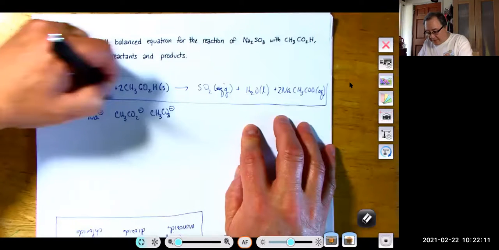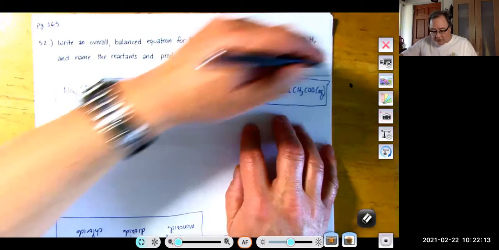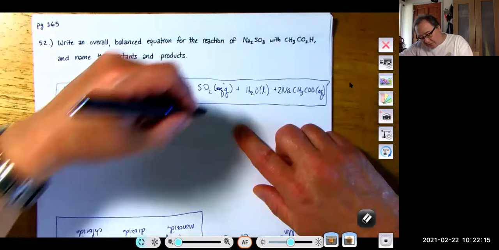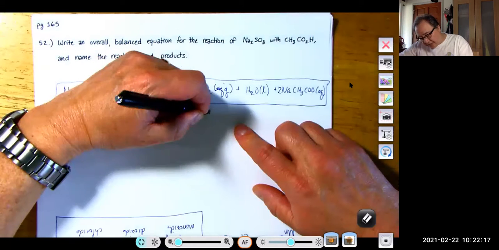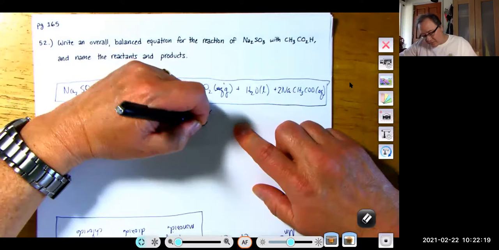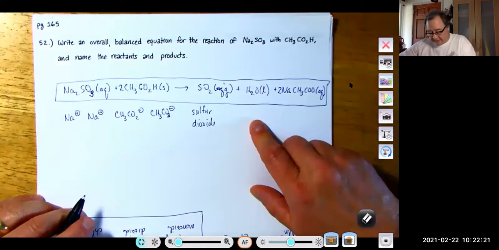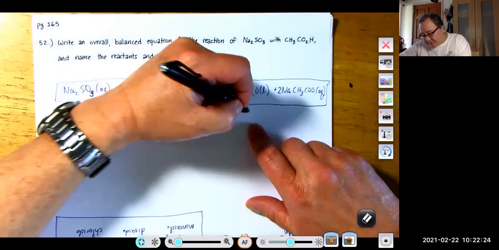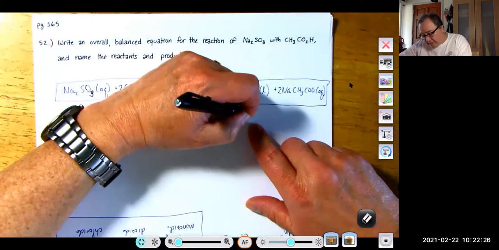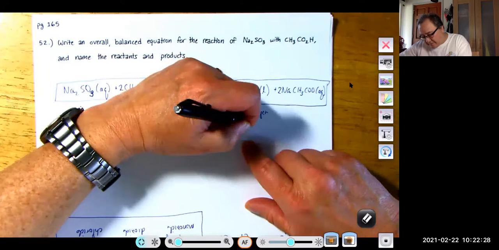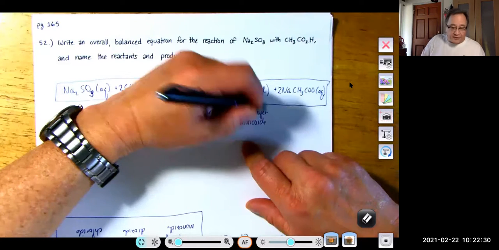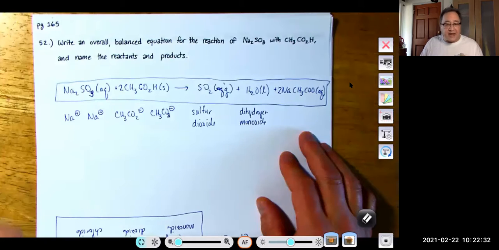Now we're supposed to name the products. What do we call this first one? Sulfur dioxide. What do we call the second one? Dihydrogen monoxide. And what do we call this last one? Sodium acetate.